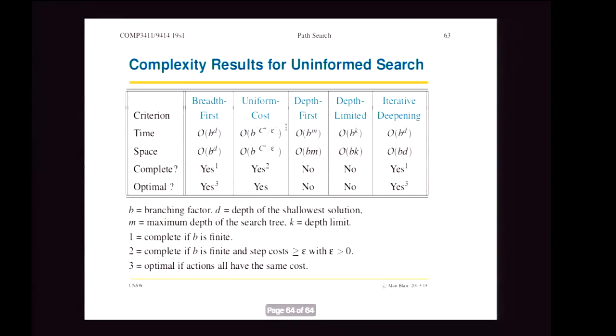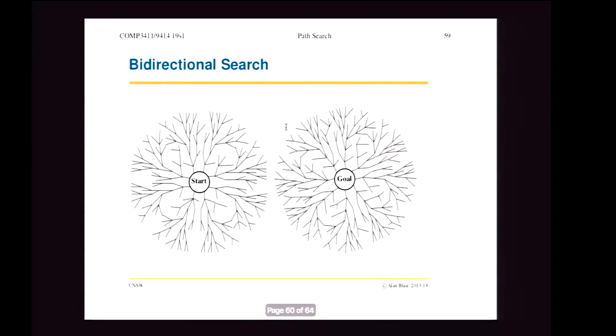And okay, finally we get to bidirectional search. What happens with bidirectional search?